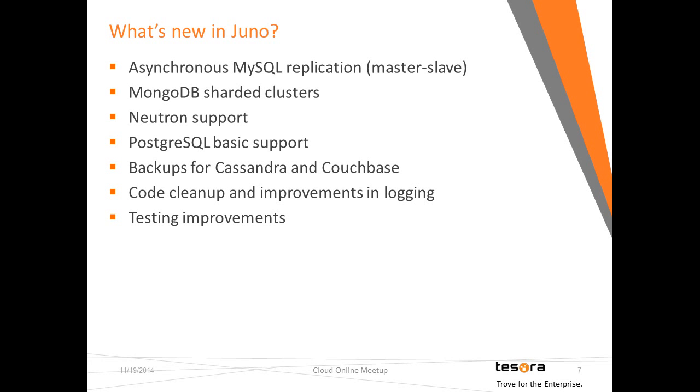We worked with our friends in the community at eBay who contributed all the code for MongoDB sharded clusters. As a community, we worked on several other projects. Our friends at Rackspace contributed basic Postgres support, and we worked on additional capabilities for backups in Cassandra and Couch, and we did a whole bunch of code cleanup targeted at production environments, enterprise environments, and we augmented the testing.